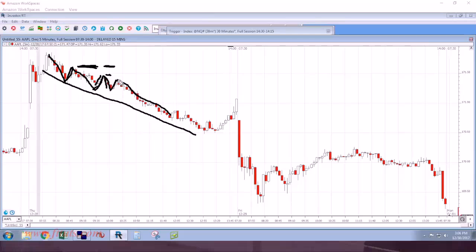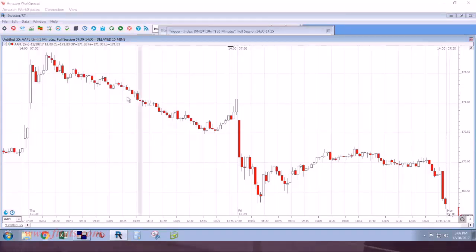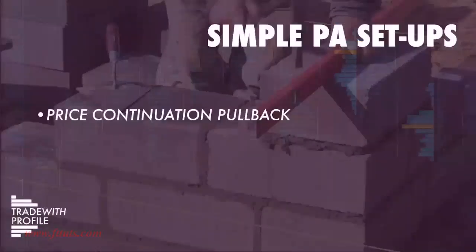So you could enter up to this one without getting past it, and that would have given you a nice move. This is called the pullback on a price continuation. You can identify these. Find an area where it's moving, find the pullback that doesn't take back a less recent pullback, and go with that. That's one: price continuation.